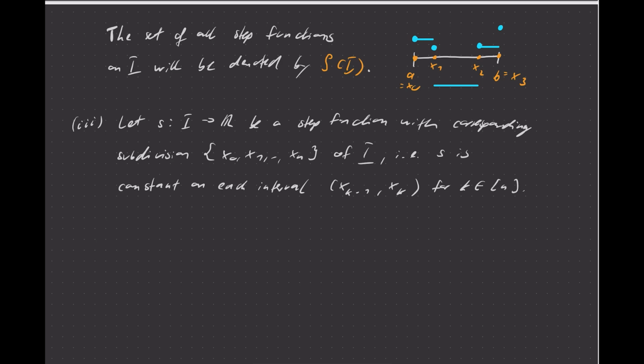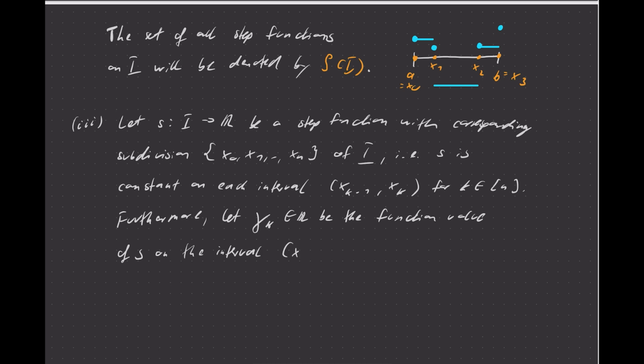And furthermore, we'll also introduce a notation for the function value. Furthermore, let gamma k in R be the function value of S on the interval xk minus 1 to xk for k in 1 to n.